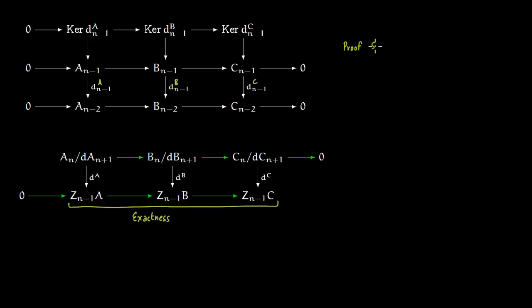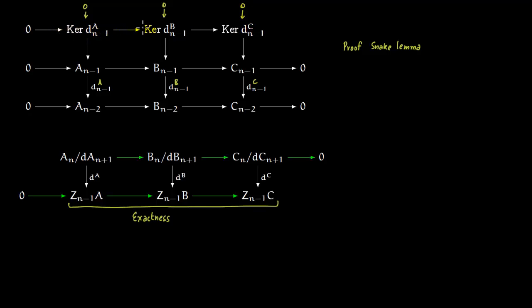In the proof of the snake lemma, we showed that if you have this map of complexes like this, then you can form the kernel here. So this is kernel of d_A at n-1, kernel here, kernel here, and we put a 0 behind it like this.